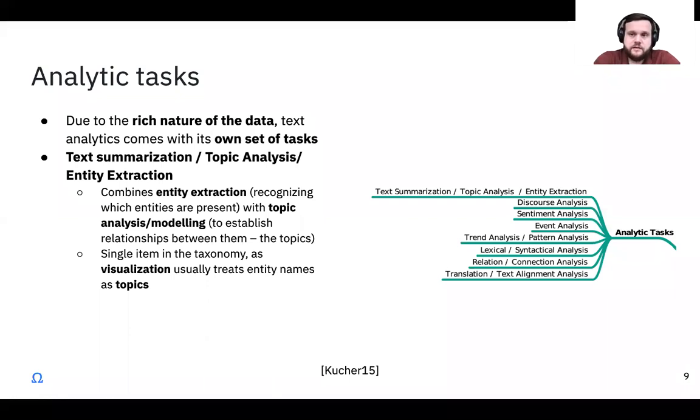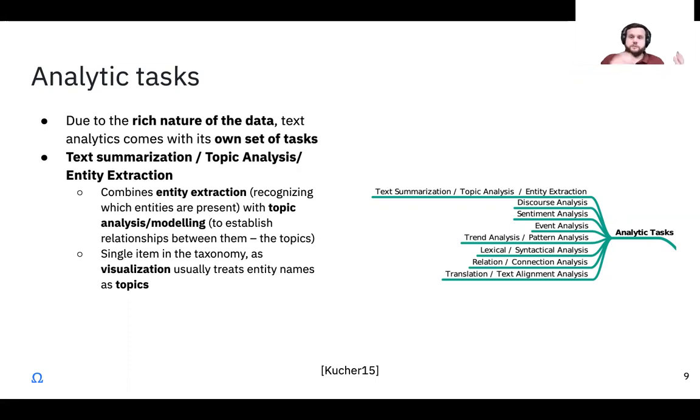The two key pieces for being able to do that are, first, entity extraction, which is basically that you recognize which entities are present, so what actors the text is talking about. If you're mapping the US presidential elections, then your entities are going to be Joe Biden, Donald Trump, the electoral college, maybe the voters in certain states.